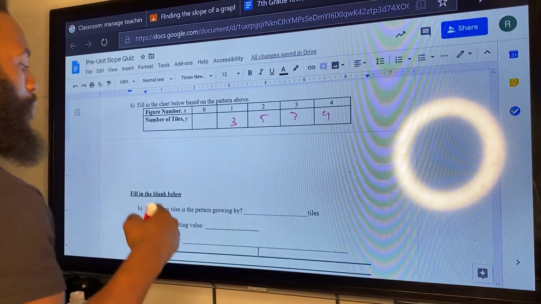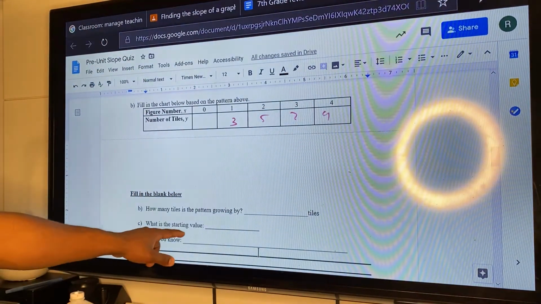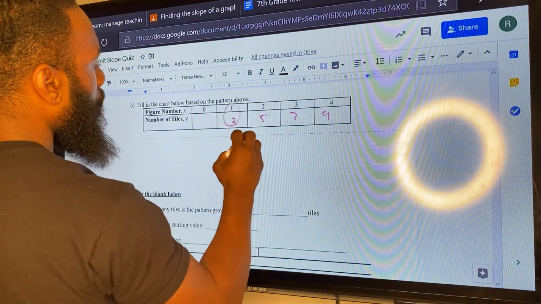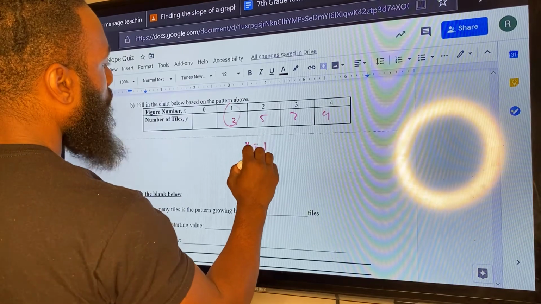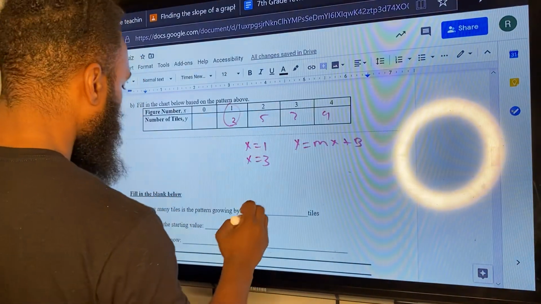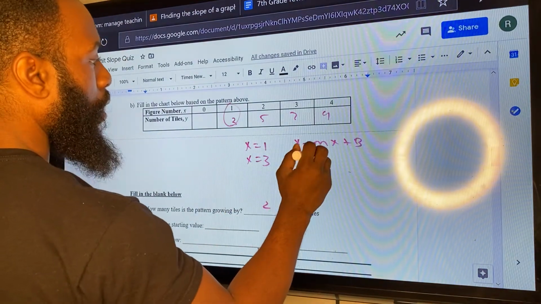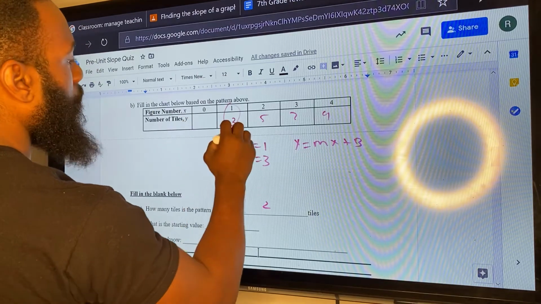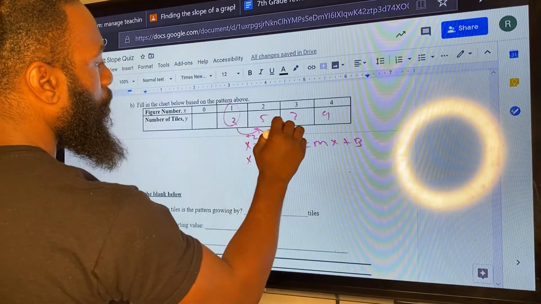So remember to find the Y-intercept with the starting value. Well, we don't have it. We take a coordinate. So I know X is 1, Y is 3, Y equals MX plus B. The slope we know is 2, right? Because it's increasing by 2.